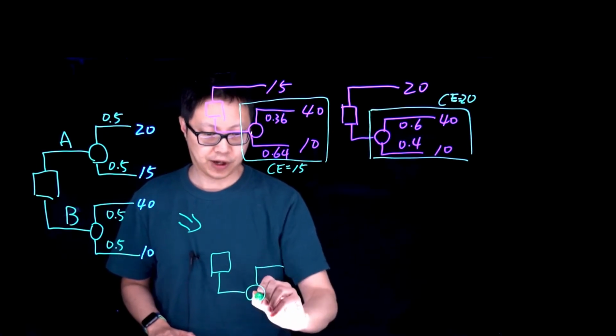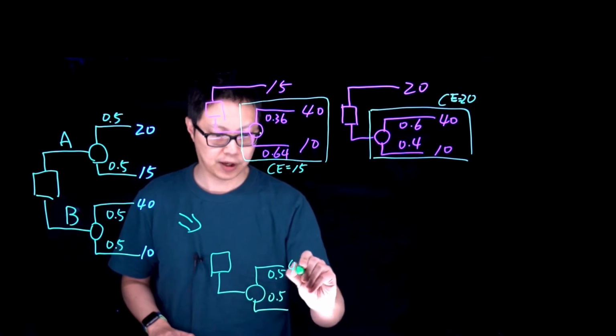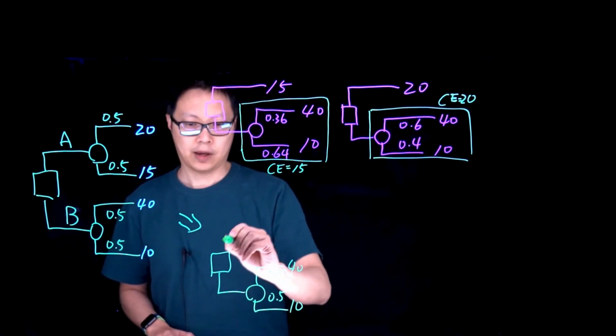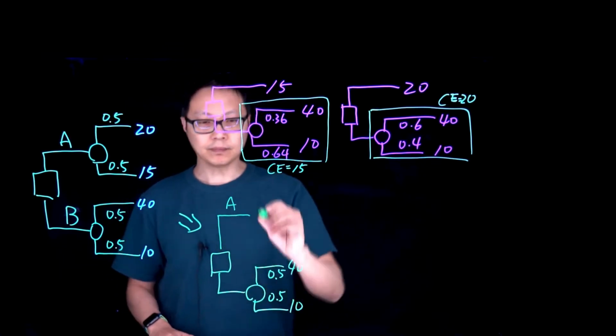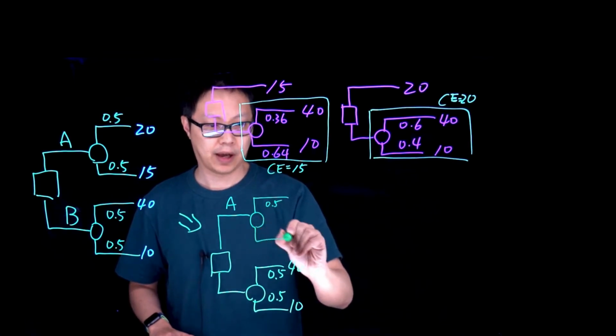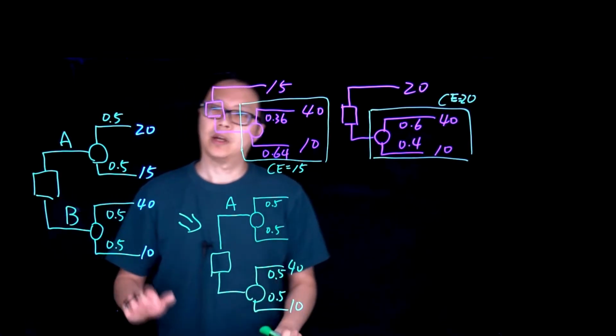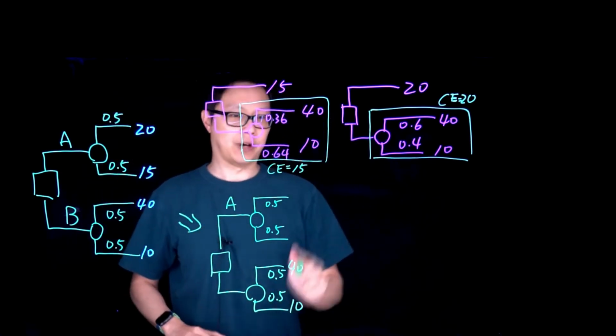So let me start from the bottom part, 0.5 and 0.5, 40, and 10. On the top part, I have A with probability 0.5 and 0.5. $20 is equivalent to the subtree right here.